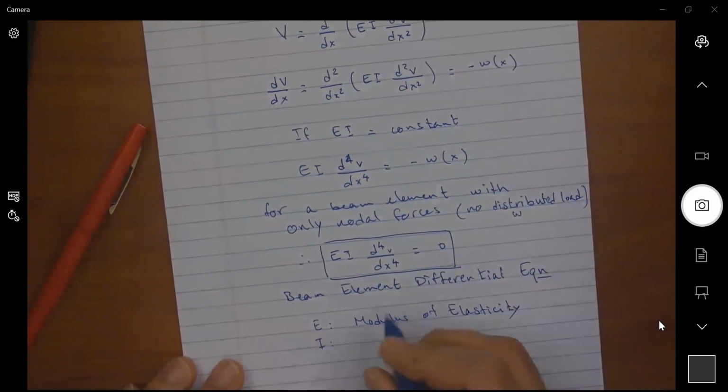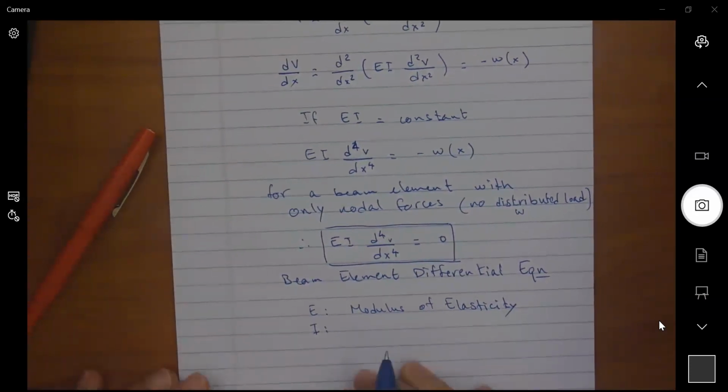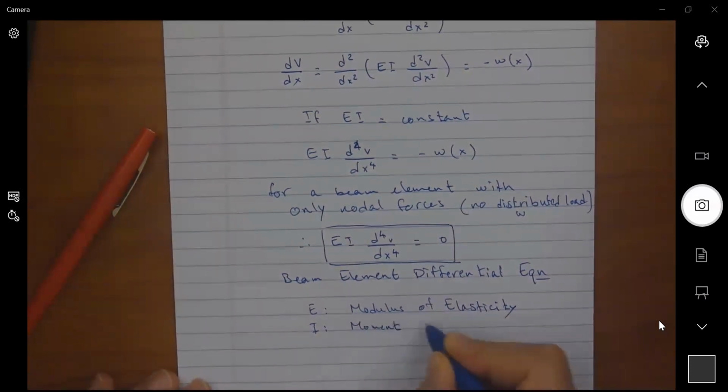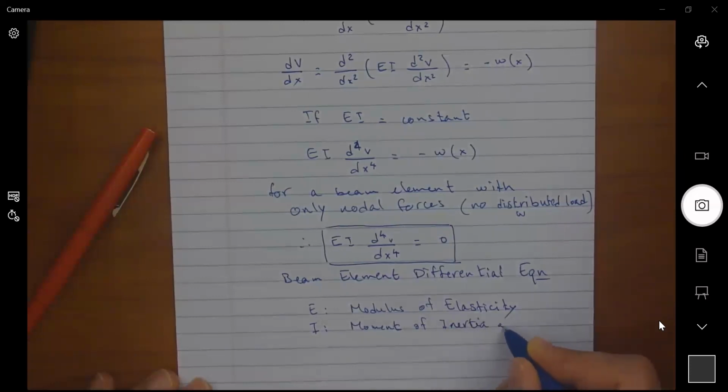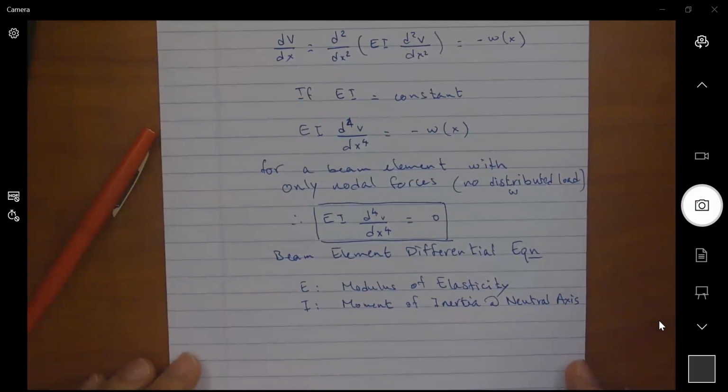And I is the moment of inertia about the neutral axis of the section. And the neutral axis of the section is the centroidal axis in the same direction of bending. This is how we find the neutral axis.